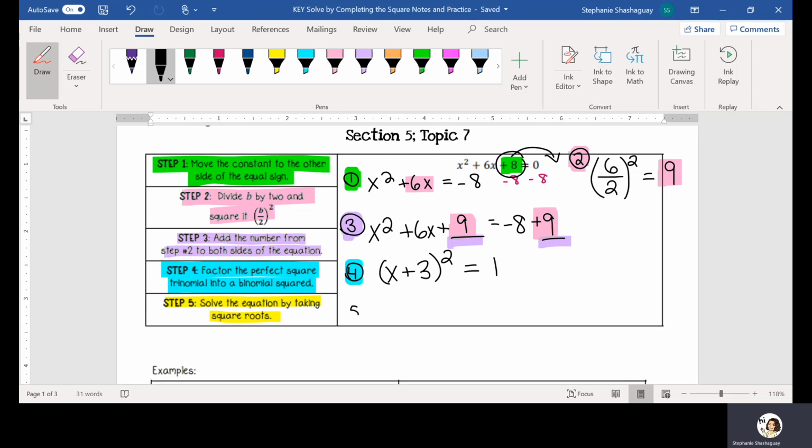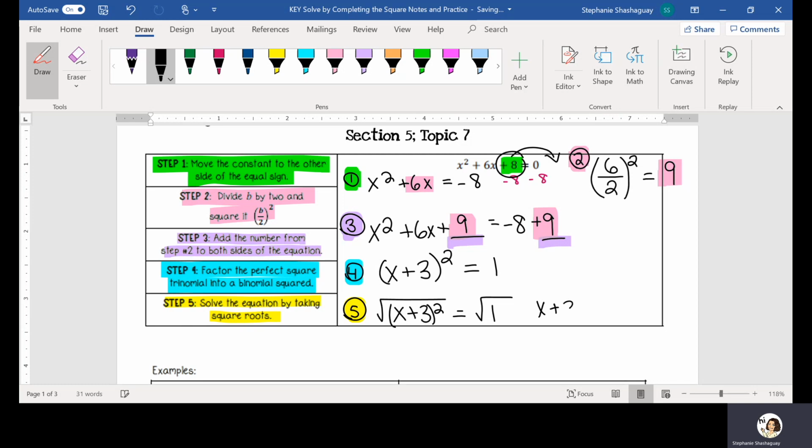So for step 5, we're going to take the square root of x plus 3 squared, and we're going to take the square root of 1. So x, and I should write that with the parentheses.